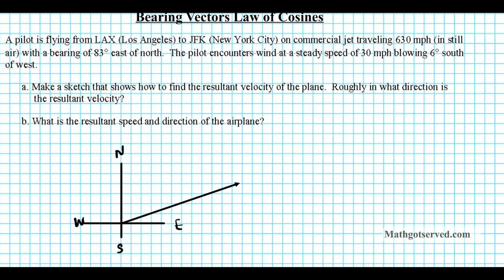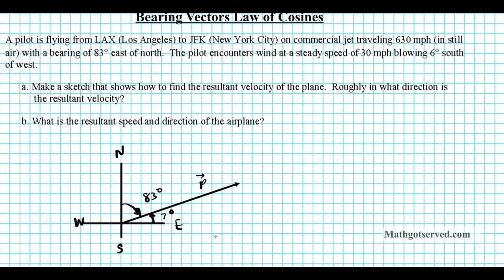This angle right here is 83 degrees, so we can figure out this other angle. It is the complement of this angle, and this is going to be 7 degrees because these should add up to 90 degrees. Let's call this vector P for the plane.